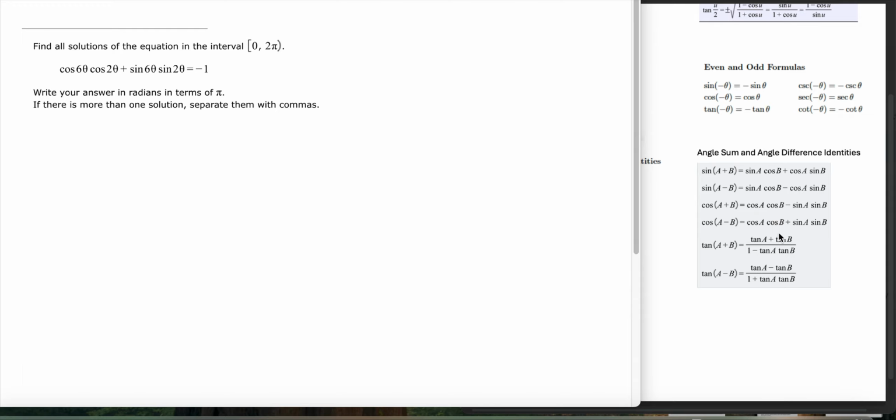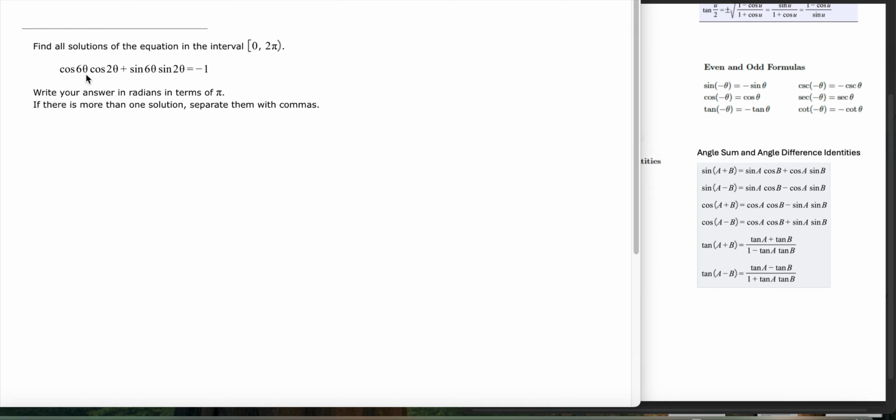This last cosine one right here is actually an angle difference. So we can think of that as cosine of the difference between the two angles, 6 theta and 2 theta.